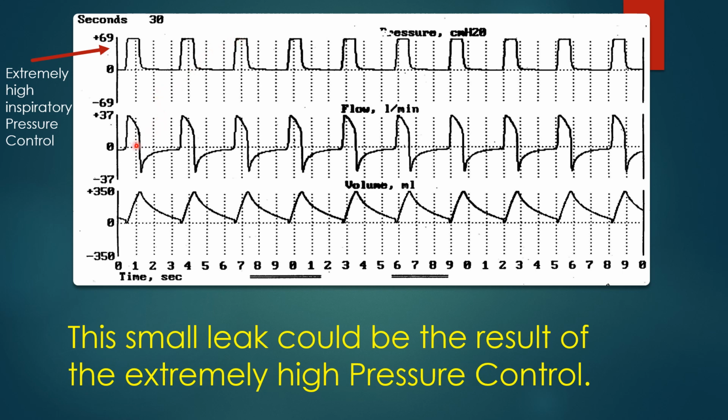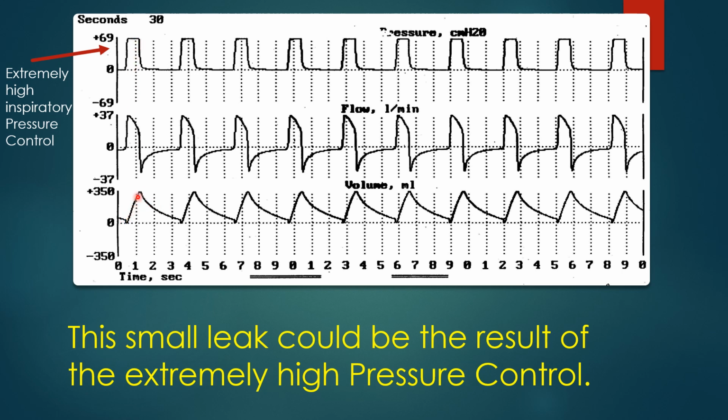We see the flow is decelerating as the lungs fill. The flow needed to keep that pressure becomes less, until the point where exhalation begins. Let's also take a look, while we're looking at this pressure control waveform, at the volume.